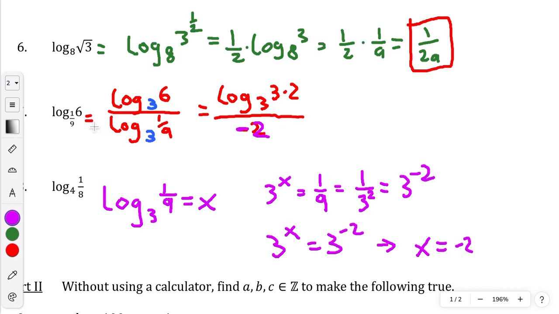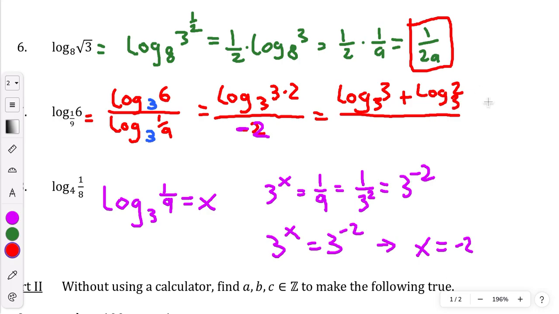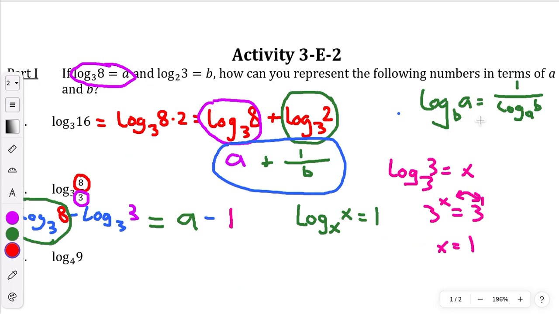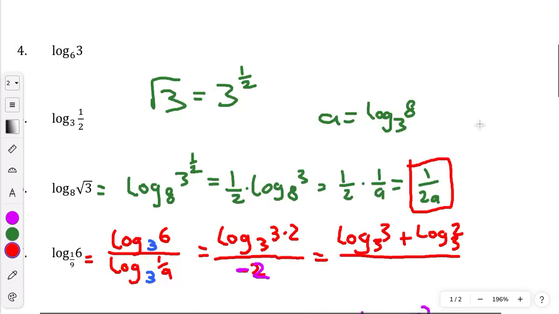Okay. And now continuing right here, this is log of 3 base 3, which I hope you all understand is 1, plus log of 2 base 3. And, oh, I thought it was b, but it's actually 1/b.